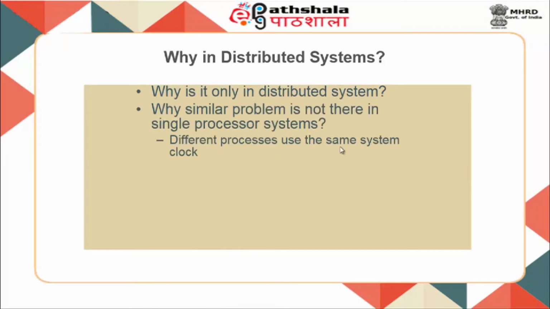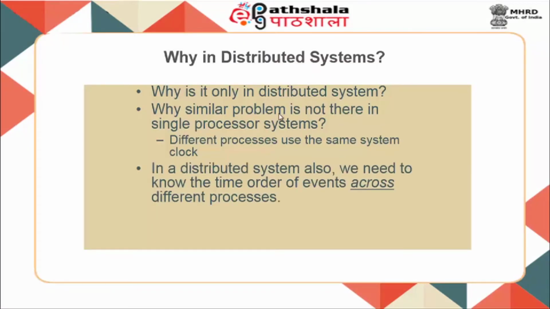So, the question that arises at this point in time is why we do not face similar troubles in our personal computers or our laptops or any desktops for that matter. In any single processor environment, the scenario is different. The difference is that in a single processor environment, there is only one clock, that is the clock of the machine.